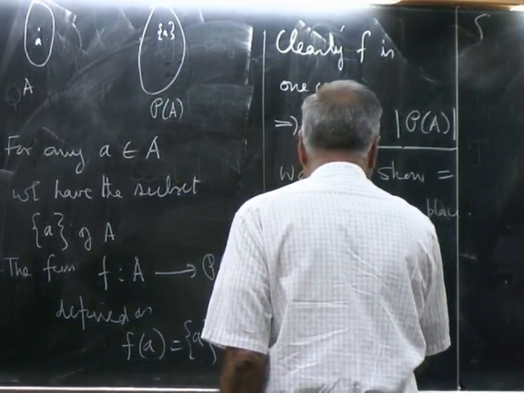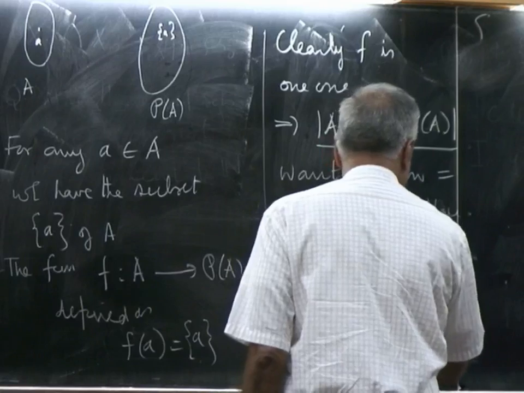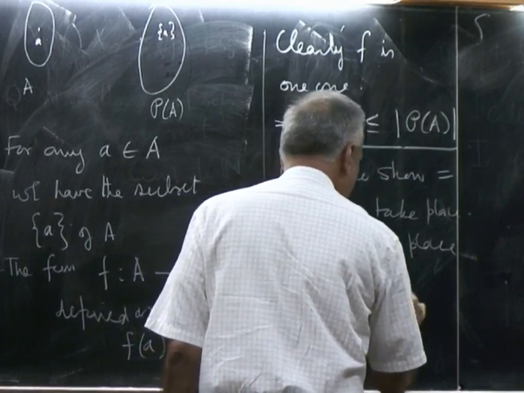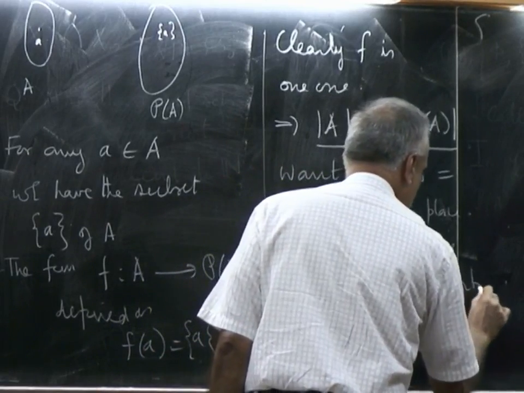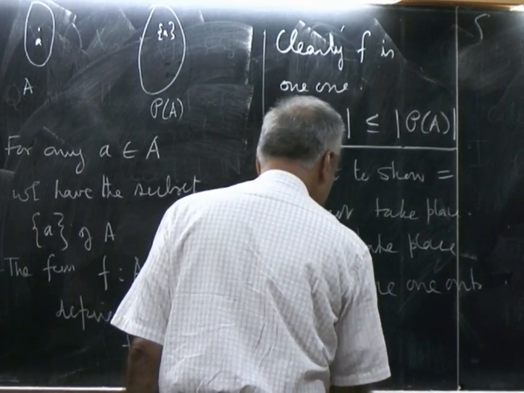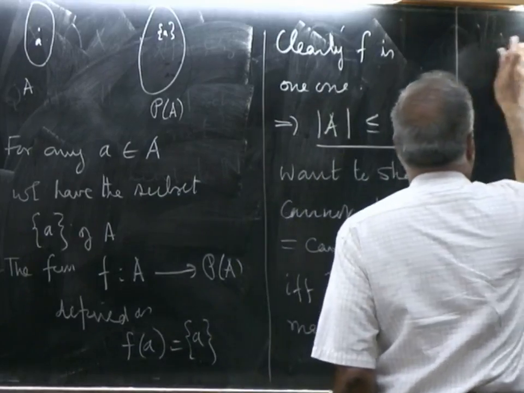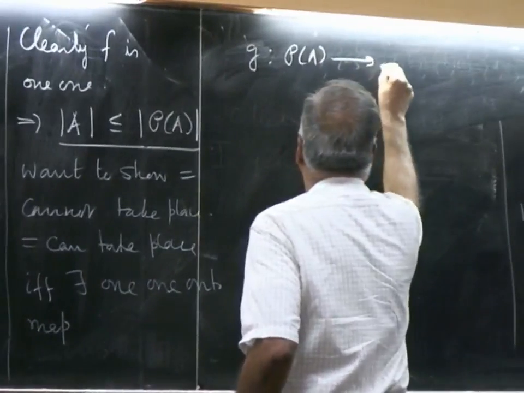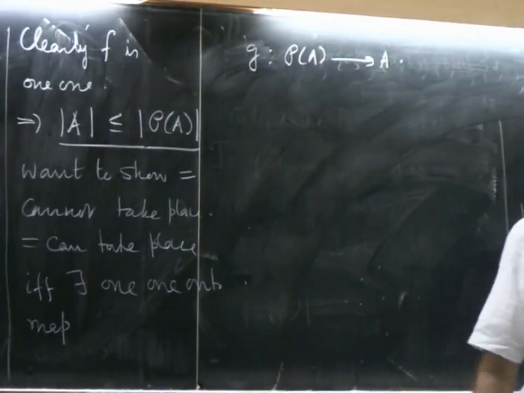Equality can take place if and only if there exists a 1-1 onto map, let us call it g, between A and PA, right.